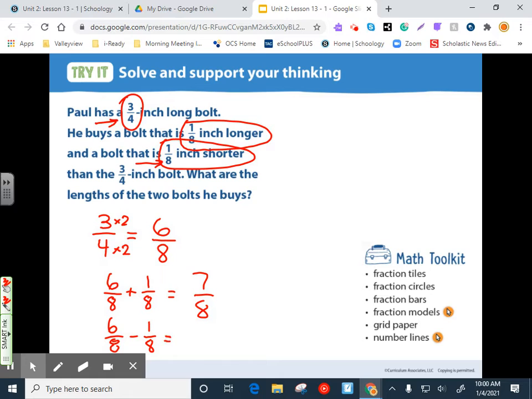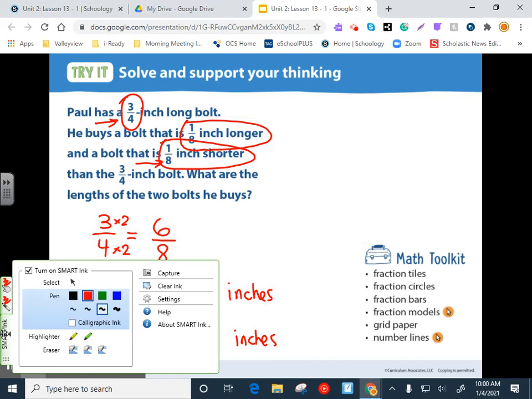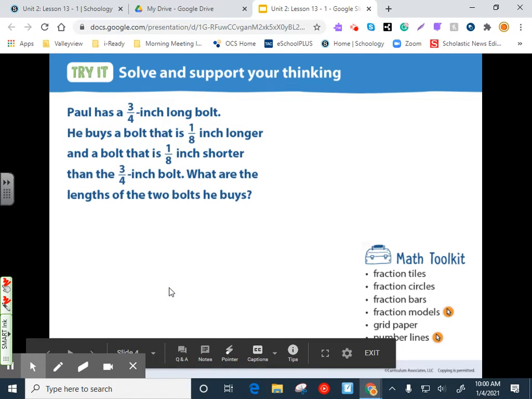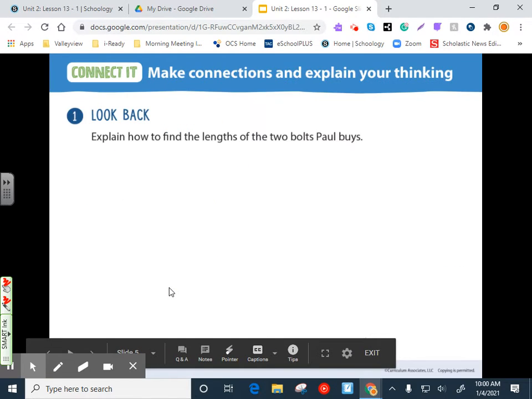Subtract 1/8, and that gives me 5/8. So the lengths of the two bolts he buys are 7/8 inches and 5/8 inches. Those are the two that he bought. Kind of an interesting way to review adding fractions and also introducing subtraction.